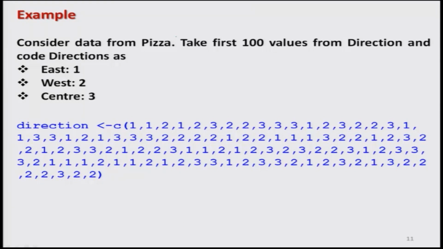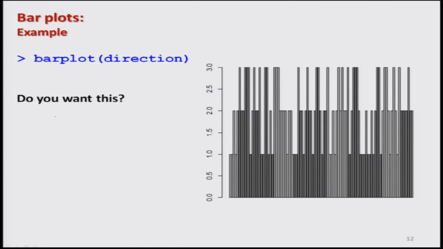If you recall, there were 3 directions, east, west and center, which were coded as 1, 2 and 3, and we had obtained this data stored in a vector, here direction. Now, I would like to create the bar plots with this direction vector.